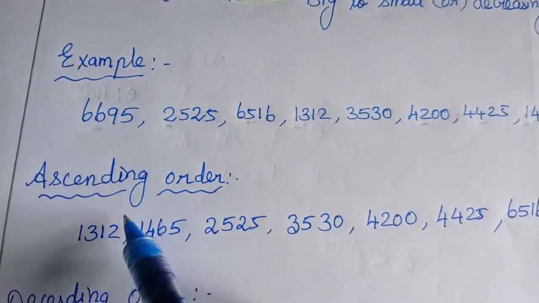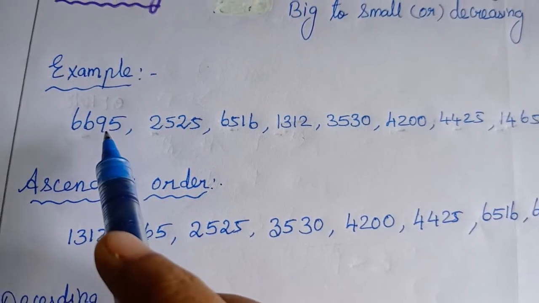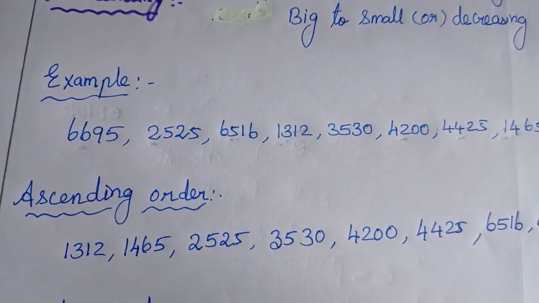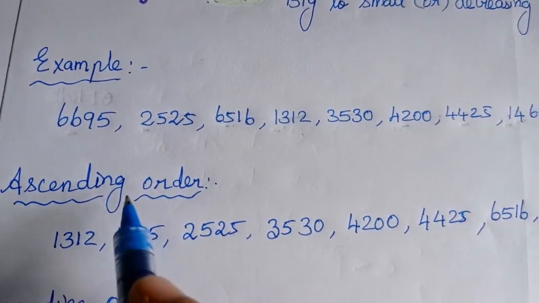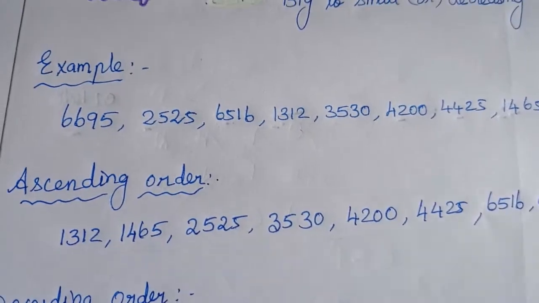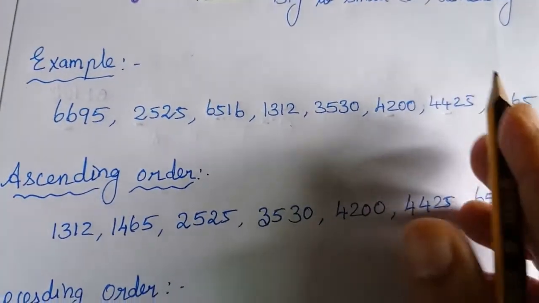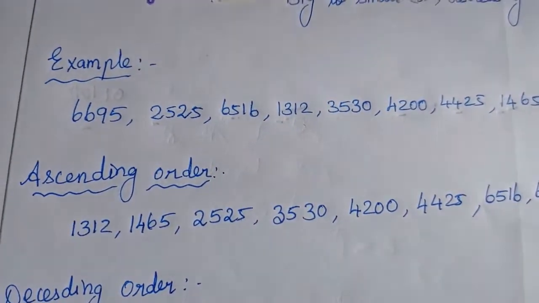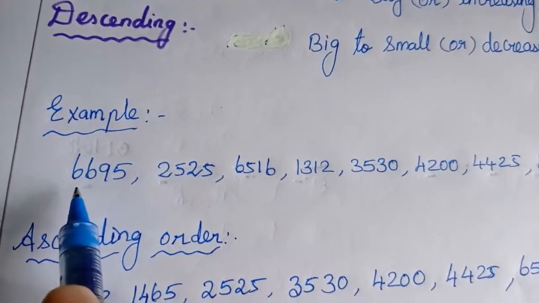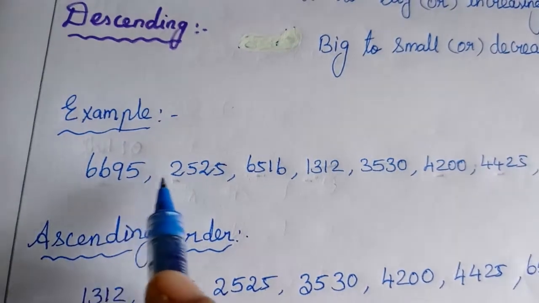And this is descending order, so you have to find which number has the highest place value. Here all the numbers have the highest place value, that is thousands. Now among these numbers find their 1000 values.